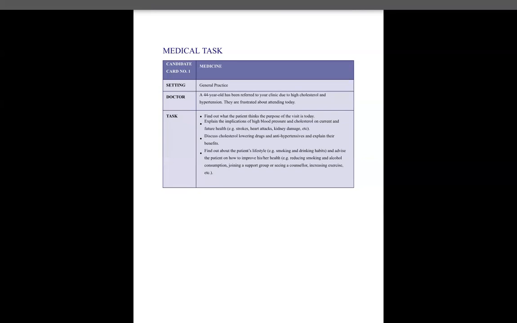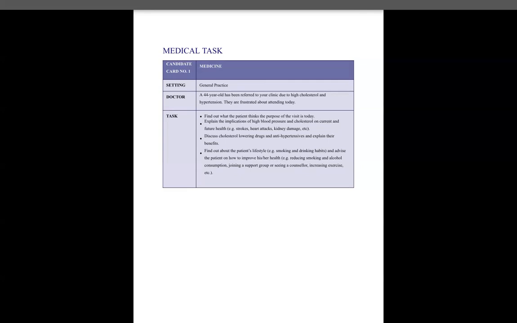How it works is, firstly, you have listening, then reading, then writing, and lastly, speaking. When you go inside the room, where the interlocutor is in front of you, you'll be given 3 minutes to prepare.